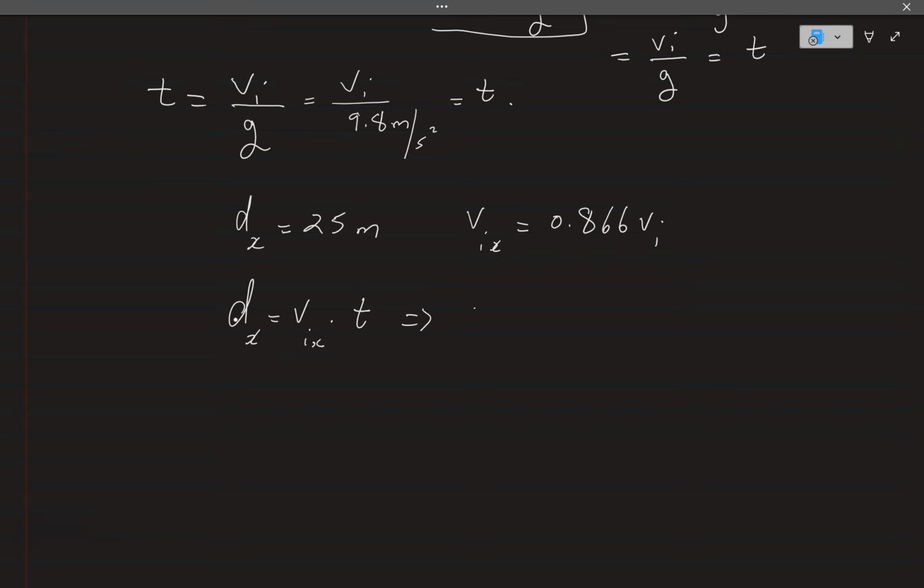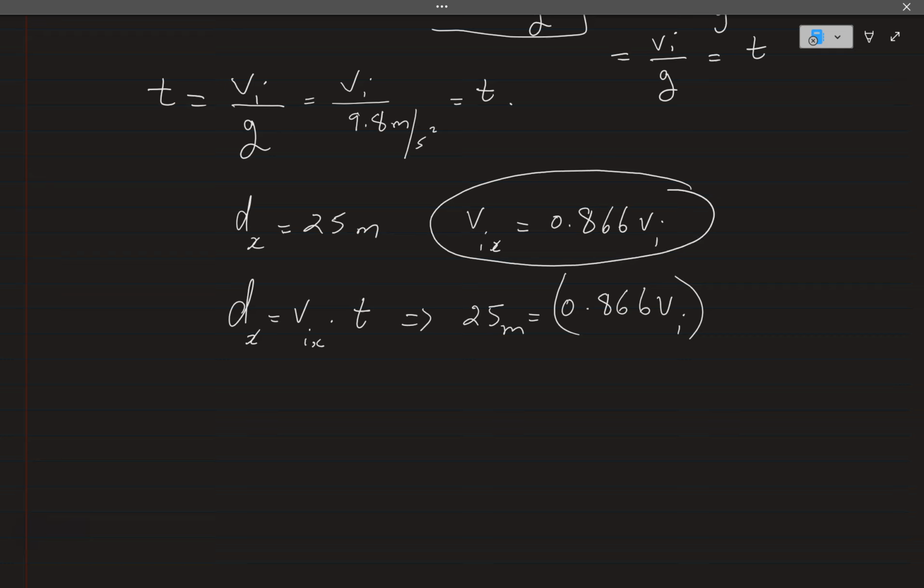So d is 25 meters. VIX is 0.866 VI. That's VIX right here. And what is T? Well, T is right here. That is VI divided by 9.8 meters per second squared. That's what T is. Excellent.